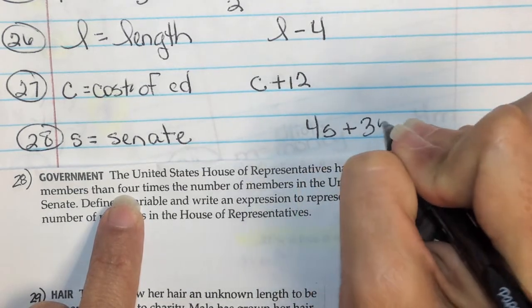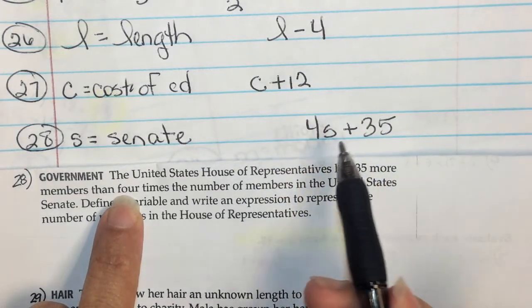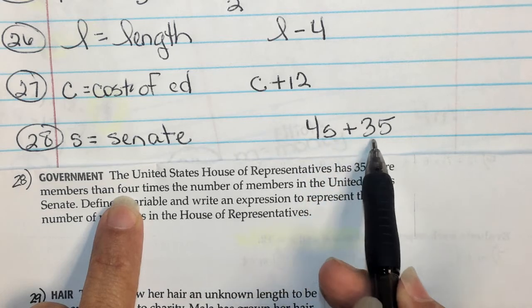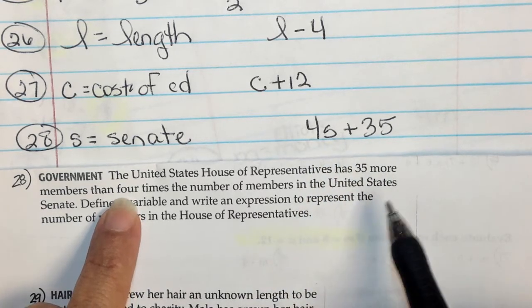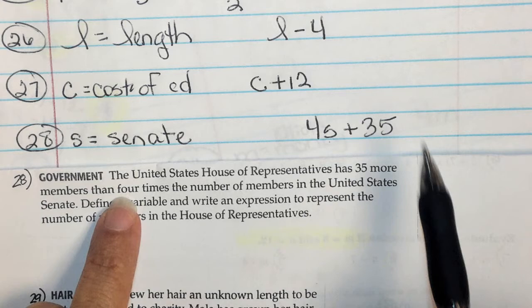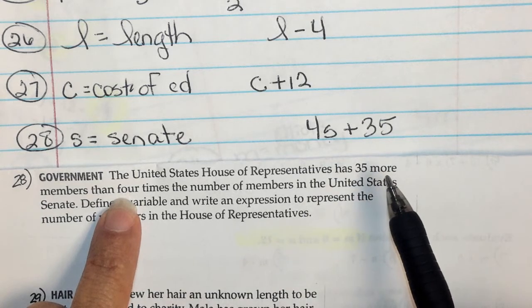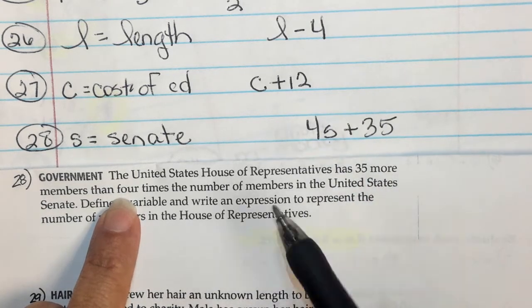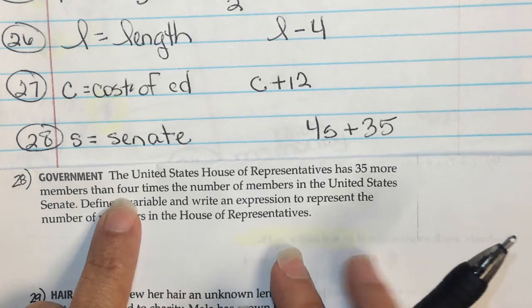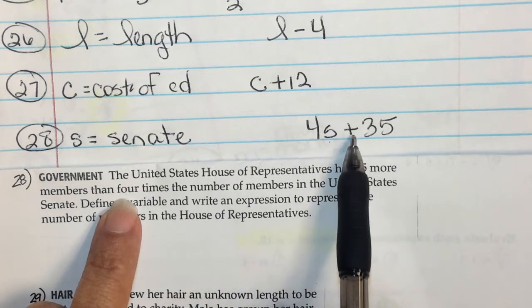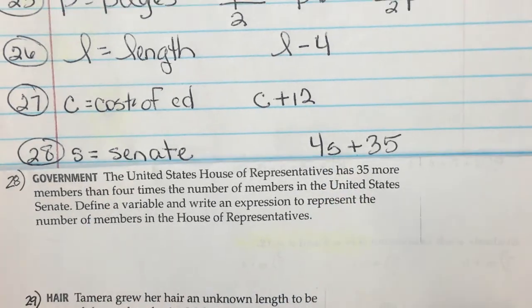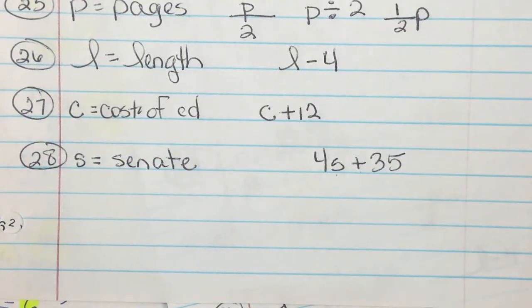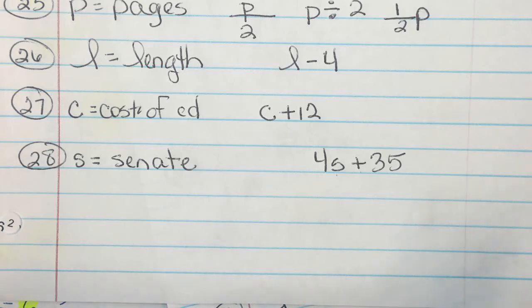Add 35. So they're going to do 4 times the Senate plus 35 more. 39? Well, it matters how many are in the Senate, right? Oh, so we don't know. Remember, when it says write an expression, it's weird. We're not solving it. We are literally just writing a math problem. You're not finishing it on this letting part. Someone else finish it. Number 29.